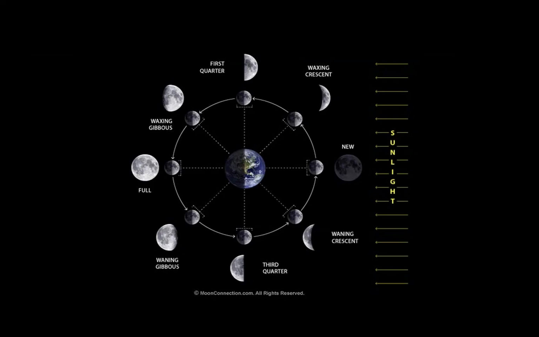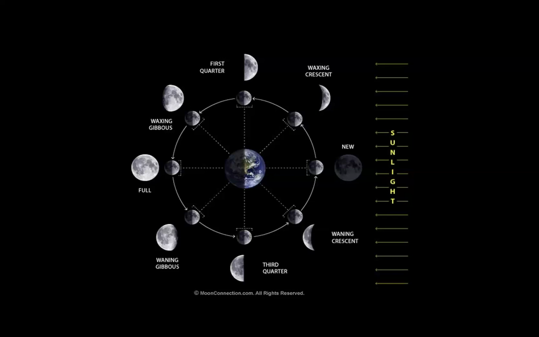When we begin to see more of the moon lit up overnight, we call that waxing, up until it reaches first quarter. So first quarter is exactly when half the moon is lit. From our perspective, it'll be the left half of the moon. From the northern hemisphere perspective, it'll be the right half of the moon. Once more than half of the moon is lit up, we start calling it gibbous.